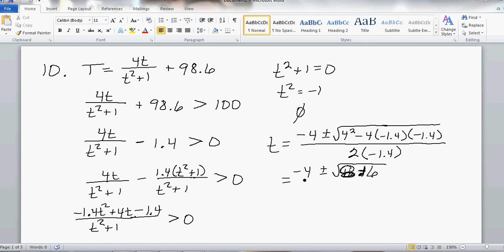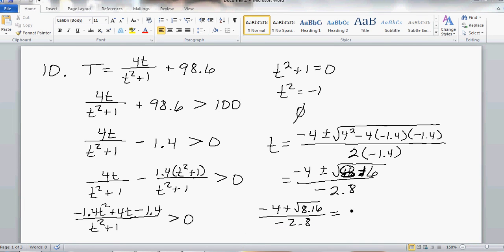So that's 8.16 all over negative 2.8. And then we do both the addition and the subtraction. So one of them will be negative 4 plus the square root of 8.16 over negative 2.8.